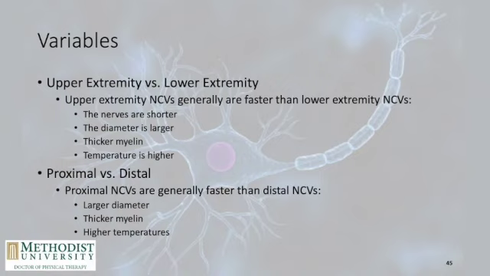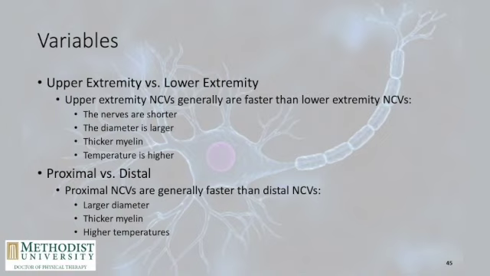So, looking at upper extremity and lower extremity, the upper extremity usually has a faster velocity. Pretty easy to figure out why. The nerves are shorter, right? They also have a larger diameter and thicker myelin, and the temperature is a little higher.